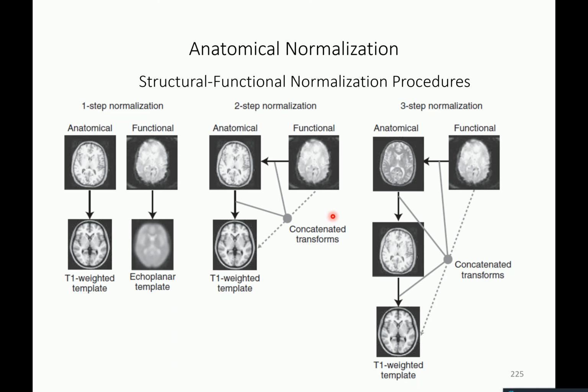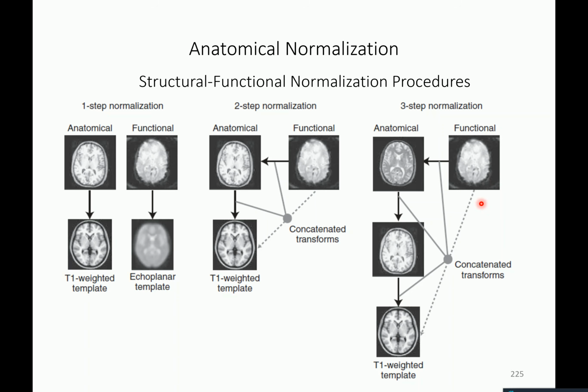And you can even make it more complicated by, for example, so I think this is a T2 scan. So you can align your T2 scan with your T1 scan, have the T1 scan normalized to MNI space, and align your functional data with your T2 scan, and then take the parameters that go from here to here to here directly on the functional data and have your normalization based on this.